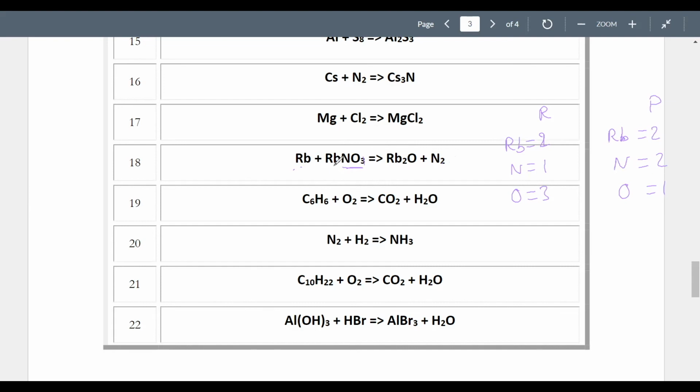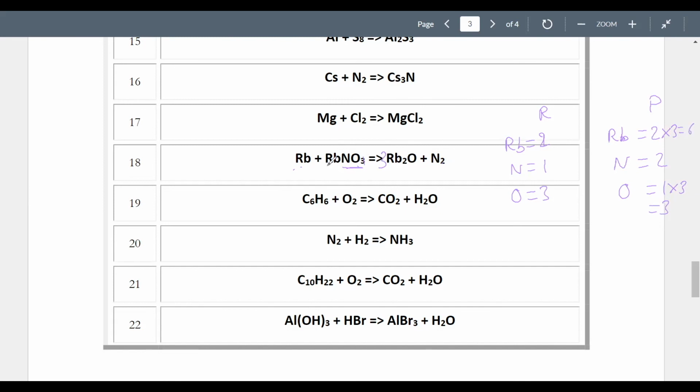Because the rubidium is balanced, we're not going to touch the rubidium. We're going to first balance the oxygen. There are 3 here and there is 1 here, which means if we multiply by 3, then it will be 3 over here and 3 over there. But this also affected rubidium, and we're going to deal with that later.